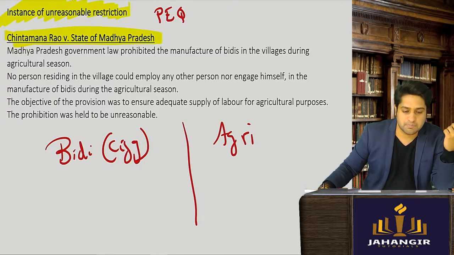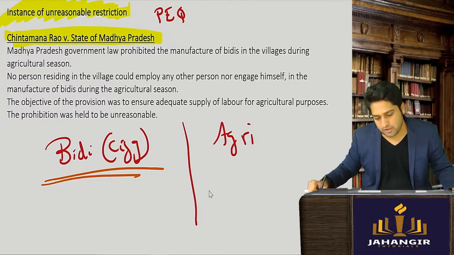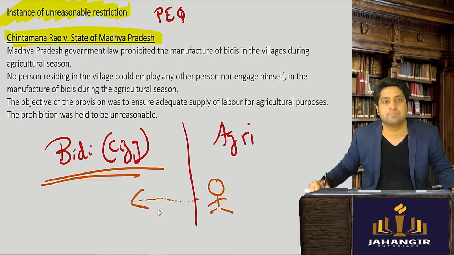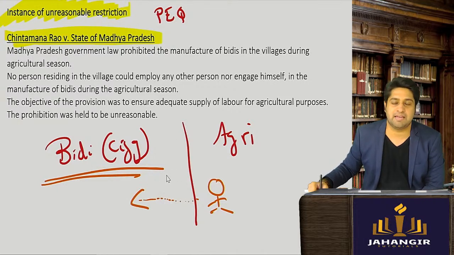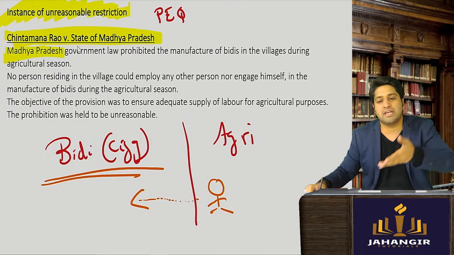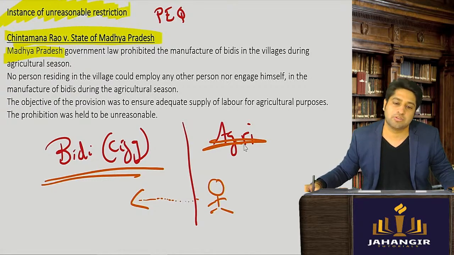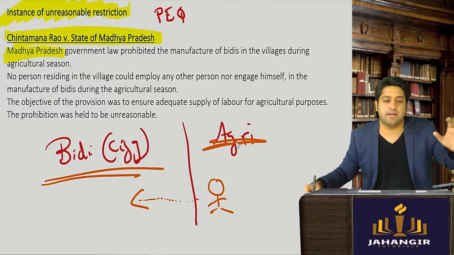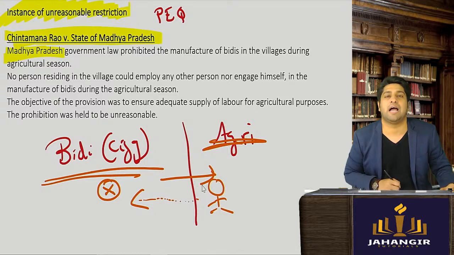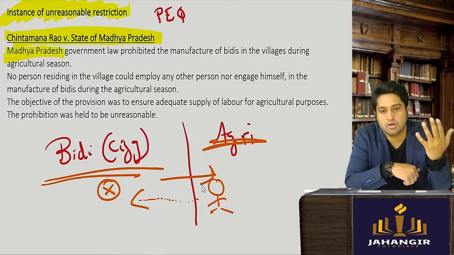Obviously BD making was more lucrative, so the farmers and the people started going into the BD making business. So the State of Madhya Pradesh said, listen, nobody is left to do agriculture. Then who will do agriculture? So they said that during the season period, you cannot engage yourself in BD making. You have to compulsorily do agriculture only. Is this restriction and this law valid?